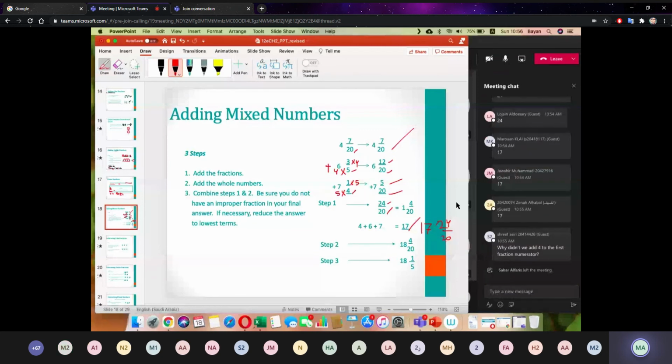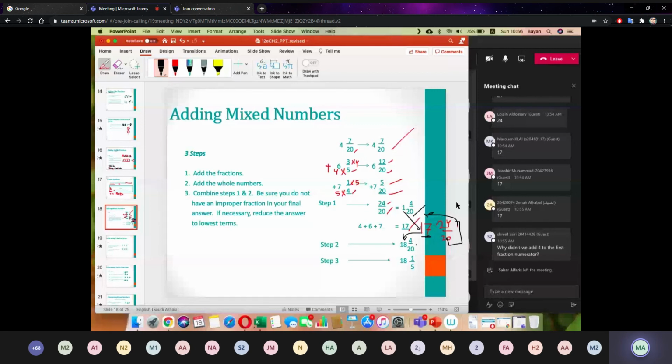Then we reduce this value to the lowest term. When you reduce 24 over 20 to the lowest term, it will give you 1 with 4 over 20. So you're going to add this 1 plus the 17, which will be 18 with 4 over 20.